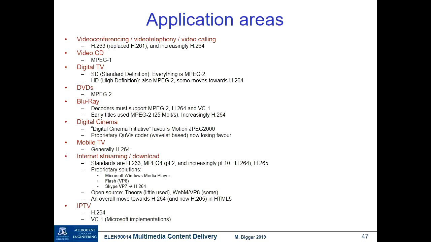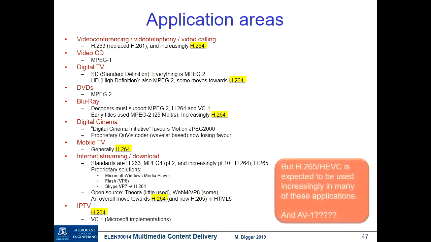And for IPTV, Internet Protocol TV, so things like Netflix and other streaming, most of it has been H.264, a little bit of Microsoft's VC1, but there would be a move now to H.265 as well. The interesting thing to note, though, is the range of applications of this H.264 now being displaced by H.265, and who knows what will happen with this AV1.